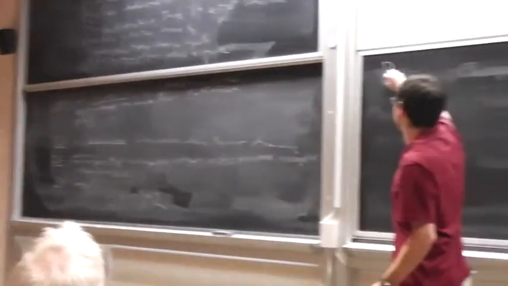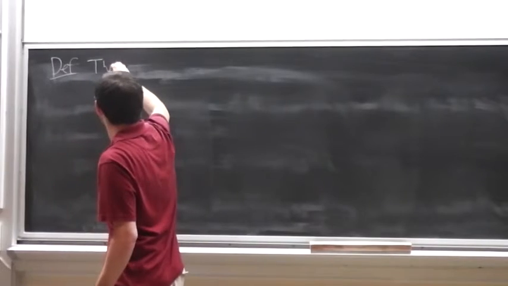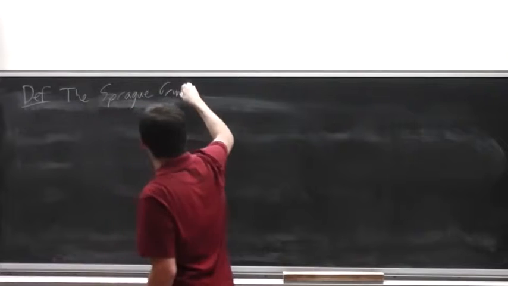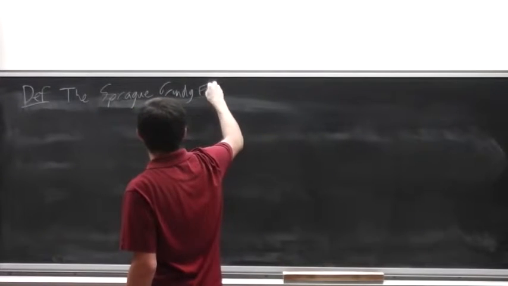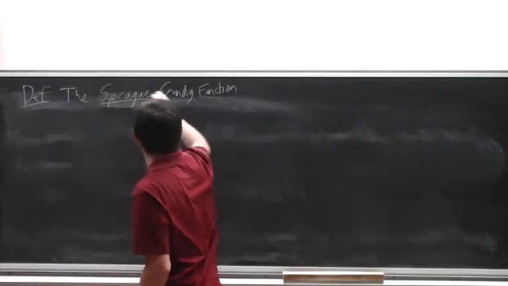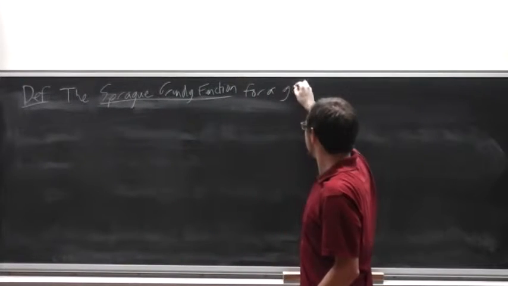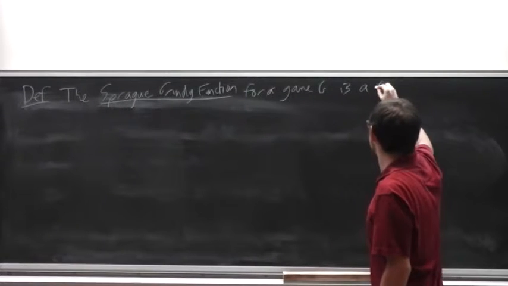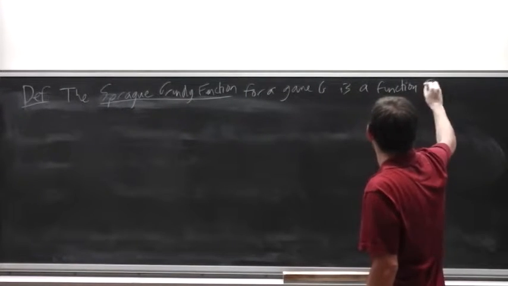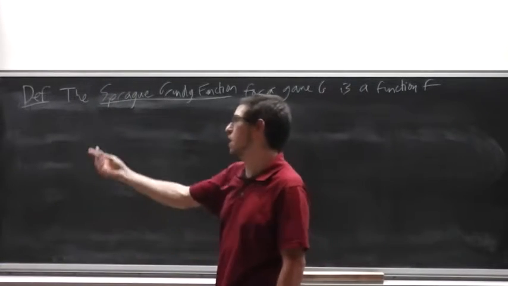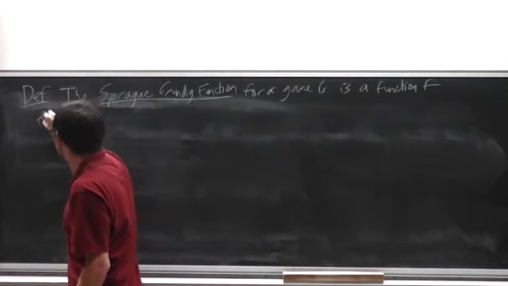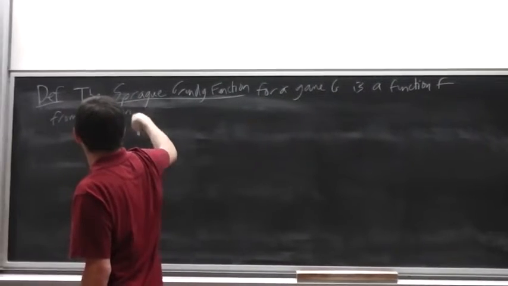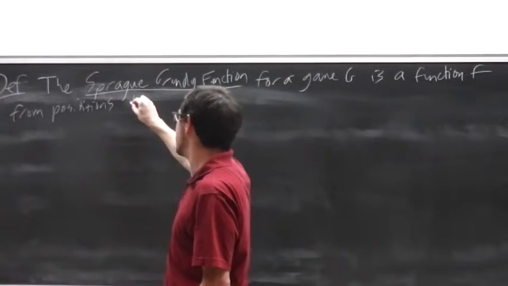So now we can define this Sprague-Grundy function. It's a function f from positions, which are indexed by the non-negative integers, and it's also a map to the non-negative integers.